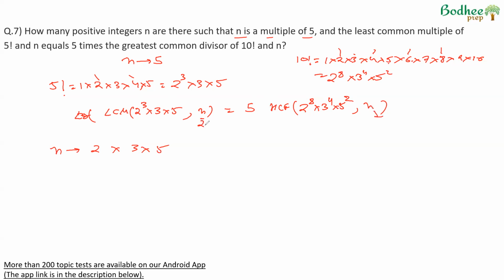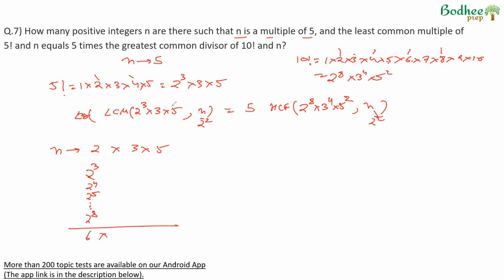So if power of 2 here is say 2, the LCM will have the higher power, the HCF will have the lower power, and therefore 2 raised to power 3 will not be equal to 5 times 2 raised to power 2. So the power of 2 can be anything starting from 3 up till 8: 3, 4, 5, 6, 7, 8. So 6 cases are possible.